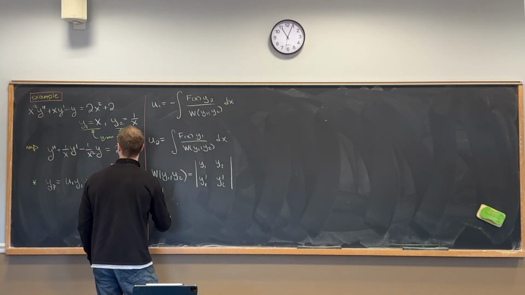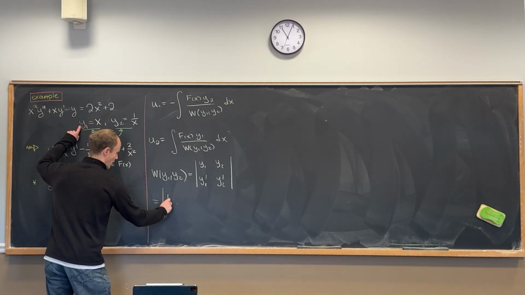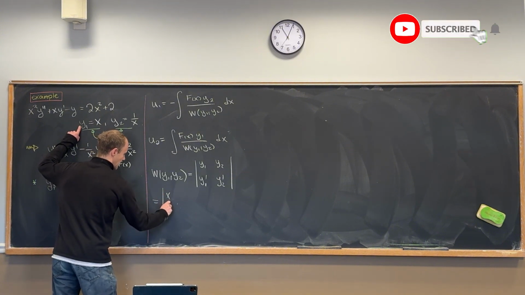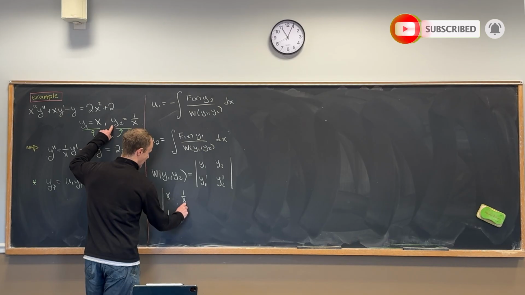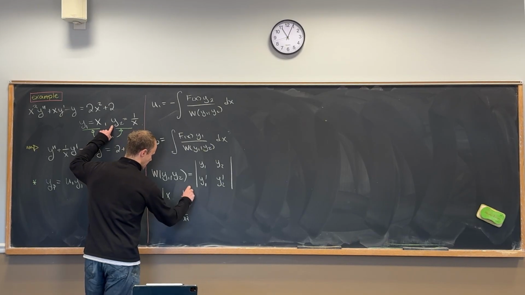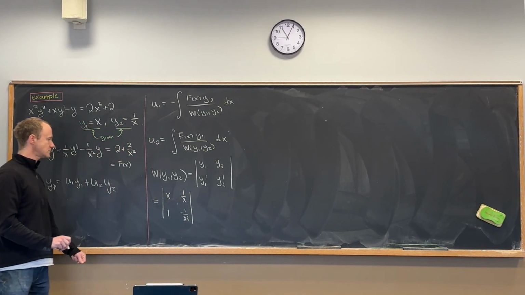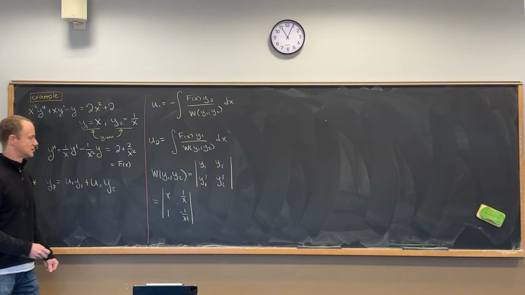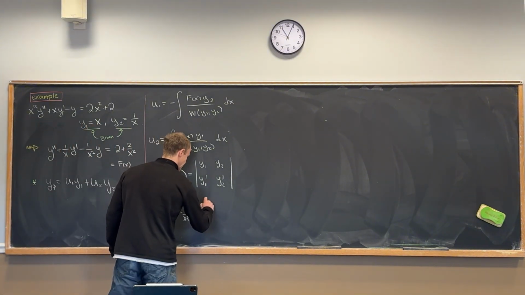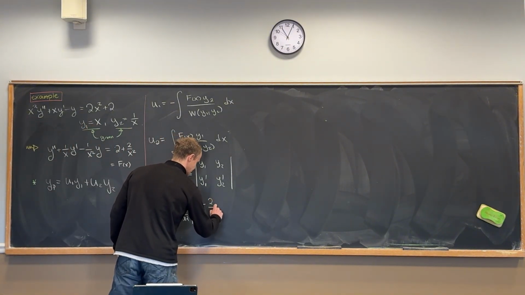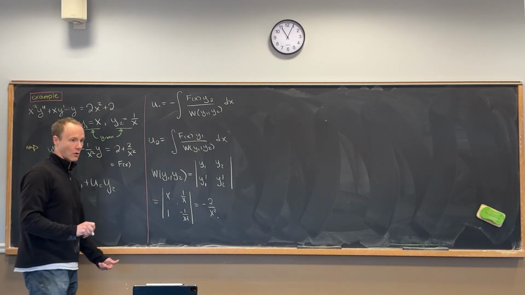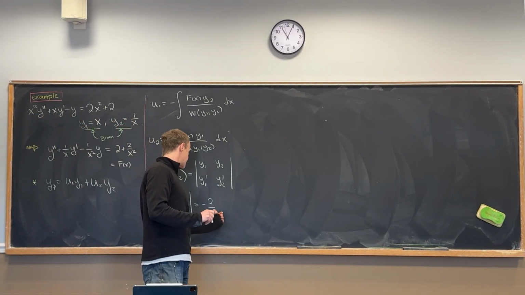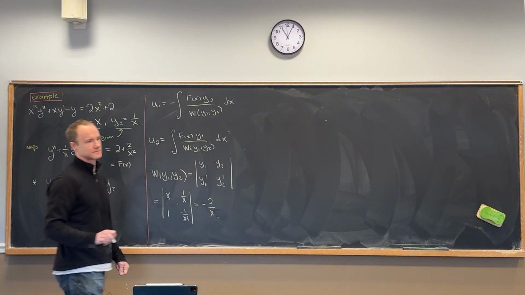So that's going to be the determinant of, let's see, we have 1x here and a 1 here, and then a 1 over x here and a minus 1 over x squared here. Does that look right? So in the end, that's going to be minus 2 over x squared, right? Nope, that's wrong. It's going to be minus 2 over x, right?